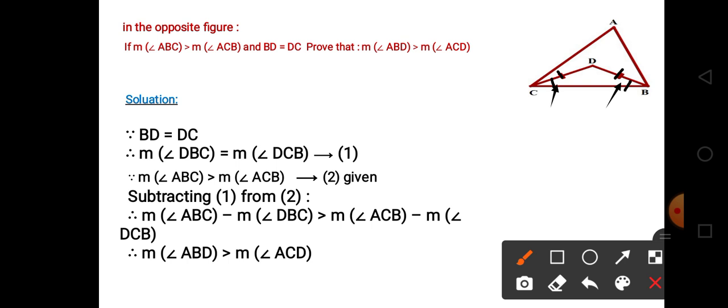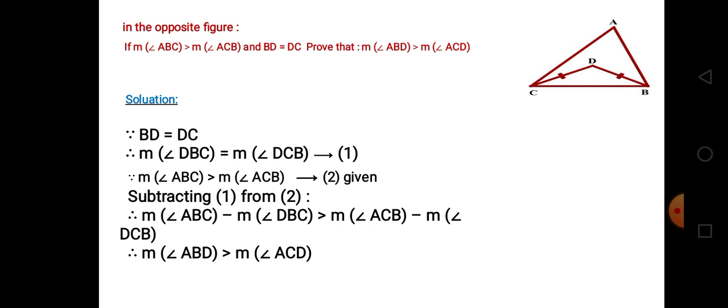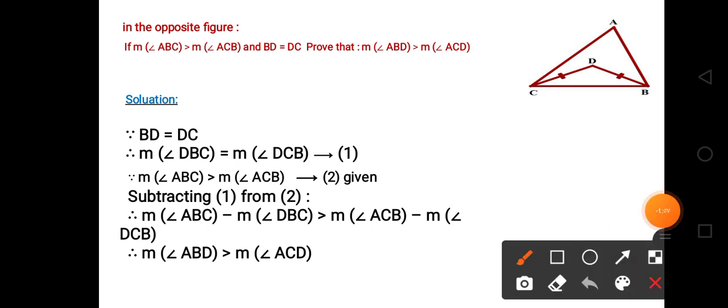Since measure of angle ABC greater than measure of angle ACB, it's given. And this number 2, subtracting 1 from 2, we get measure of angle ABC minus measure of angle DBC greater than measure of angle ACB minus measure of angle DCB. Okay, stop here. Measure of angle ABC minus measure of angle DBC.